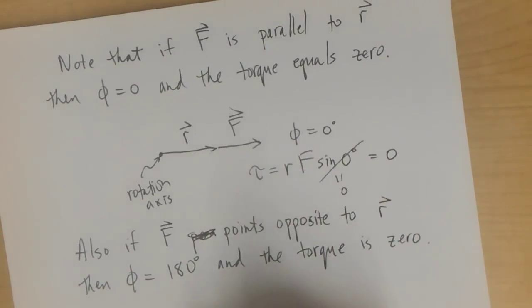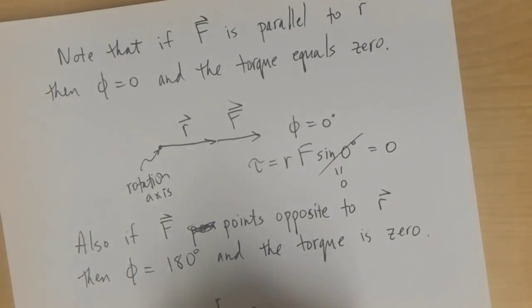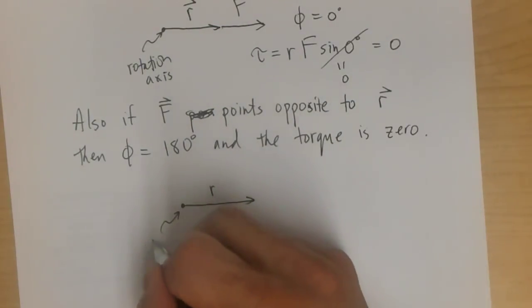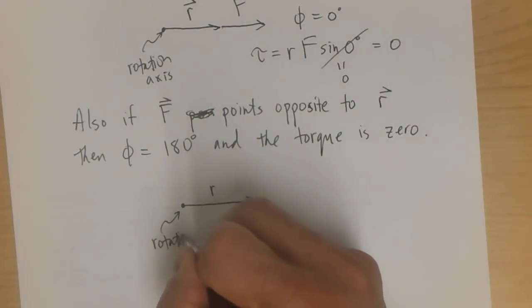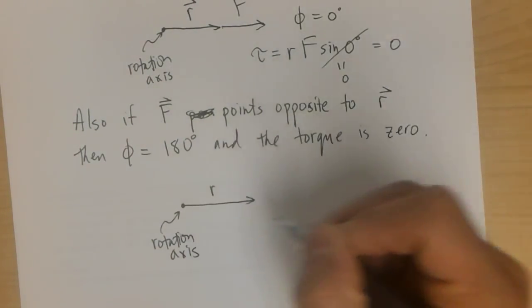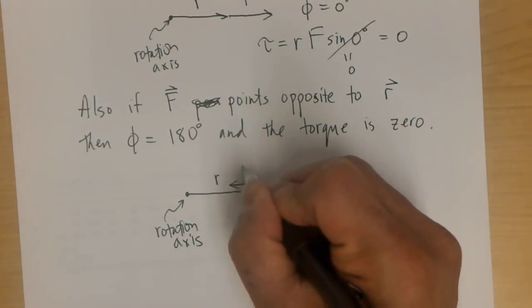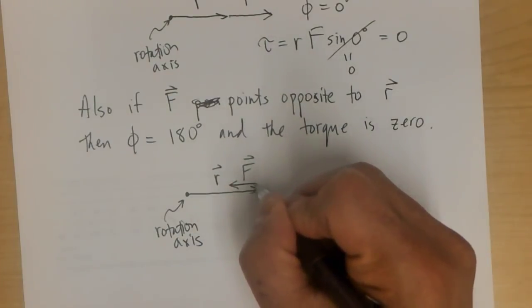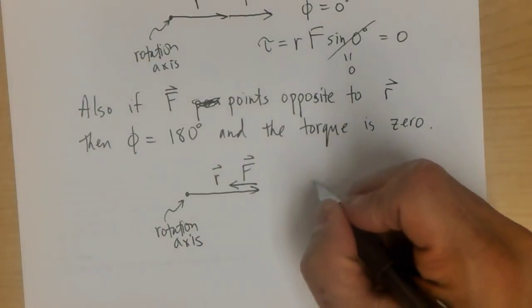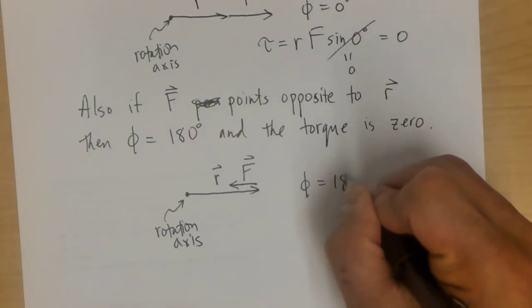Okay, to see that, here is the rotation axis, and if I have the force going directly like this, then the angle between the two will be 180 degrees.